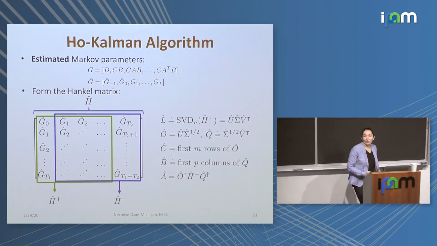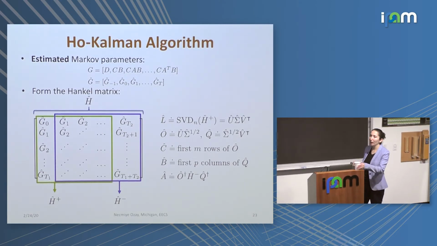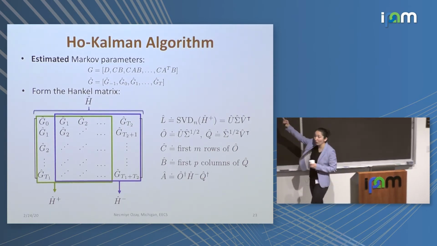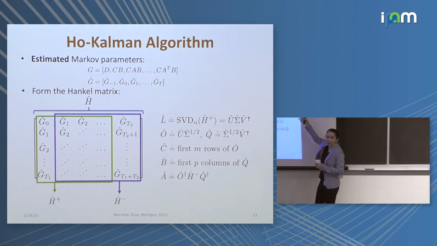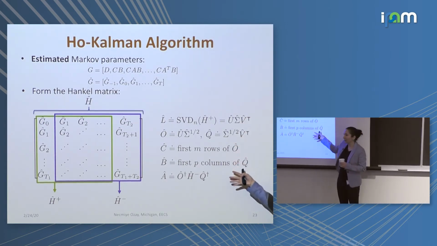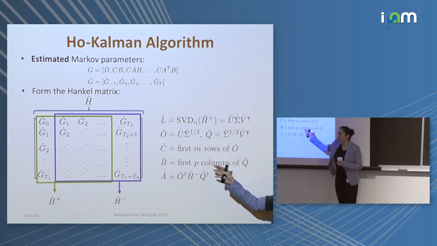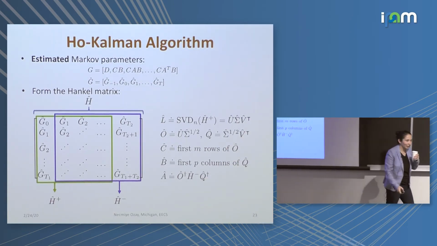So one question we ask is that if I have some error in my estimates of A, B, C, D, or my estimates of Markov parameters, how does that error propagate through this weird process of doing SVDs, doing weird pseudo inverses, and stuff?